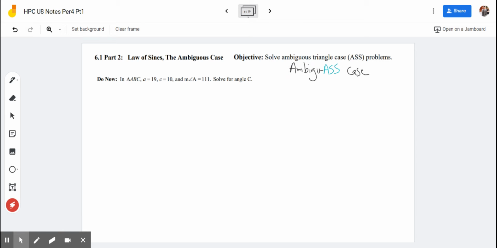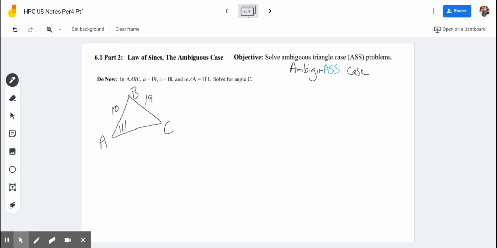Okay. So this is what it looks like, right? If we're given a triangle ABC, little a is 19, c is 10, and then the measure of angle A is 111.